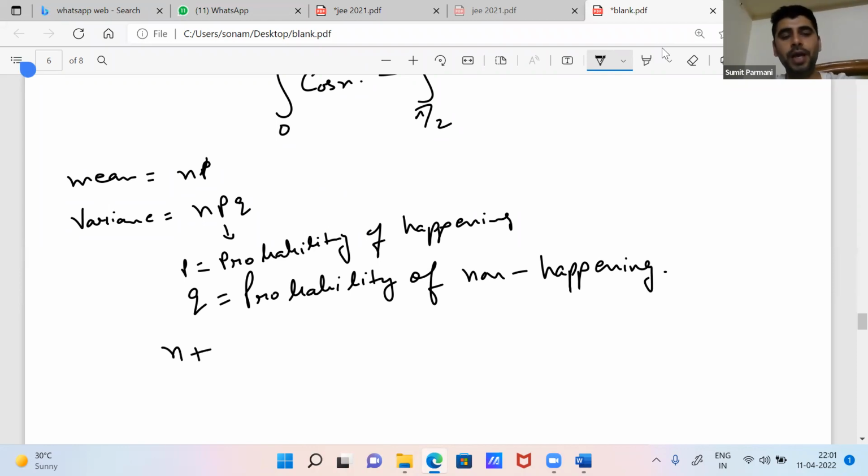So it is saying np plus npq is equal to 15.